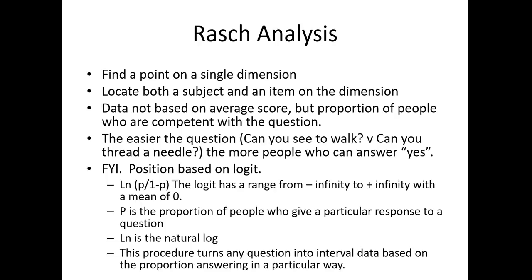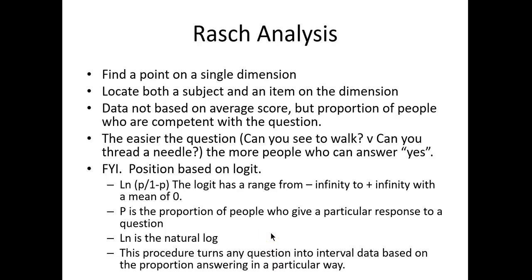And the position is based on something called a logit, and that's the log of the probability of people that got the question right divided by 1 minus the probability that people got the question right. And the logit has a range from minus infinity to plus infinity with a mean of 0. The log is the natural log, and this procedure turns any question into interval data based on the proportion answering in a particular way.